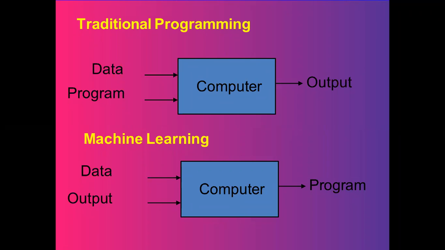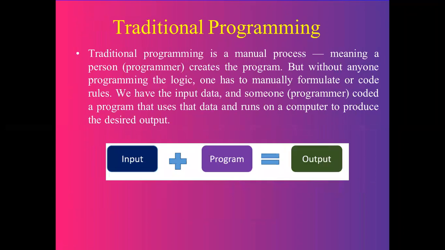Traditional programming is a manual process. A person, a programmer, creates the program, and one has to manually formulate or code the rules.